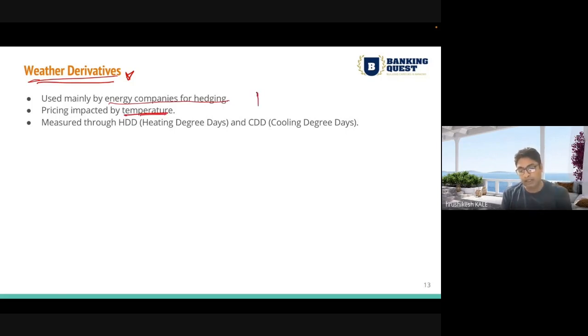So the higher the temperature, the more natural gas you will use for AC and other things. Whereas if the temperature is lower, below freezing point or below 0 degrees, then also you will use natural gas for heating purposes.